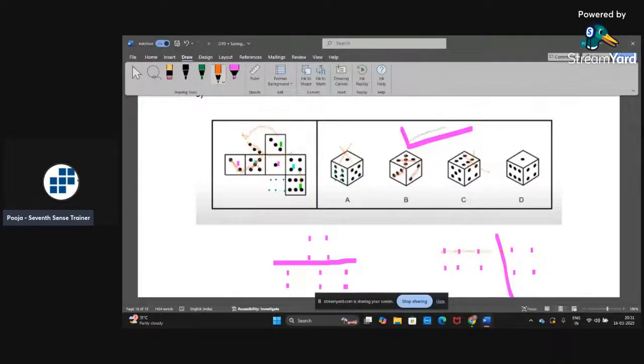Between these three dots, we are getting two dots like this. Between these two, we are getting two dots like this. Between these two, we are getting two dots like this. But here, see the dots. It is continuous, right? But here, it's not continuous, right? So this is also not the option. By the elimination method also, we can find the right answer. For this, the B option is the right one.